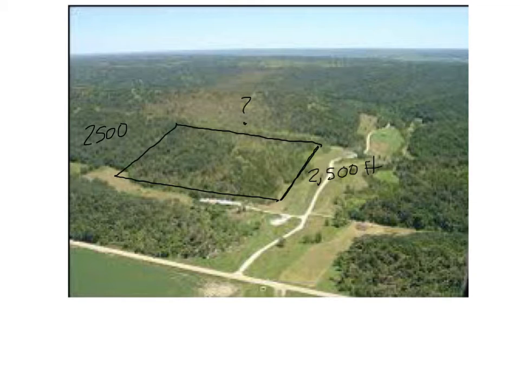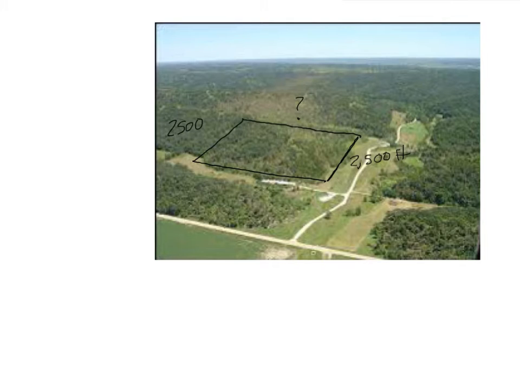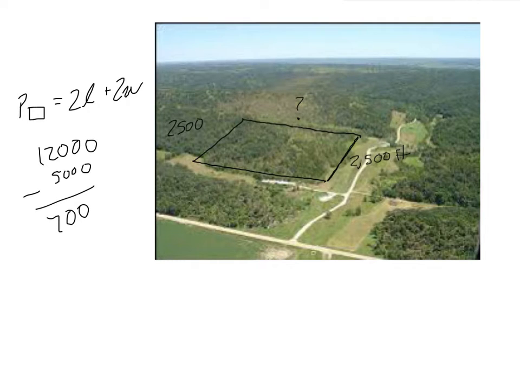The perimeter of a rectangle is made up of 2 of the lengths added to 2 of the widths. So we take our 12,000 feet of fence and subtract 2 2,500s, which is 5,000. That leaves us with 7,000 feet of fence to work with for there and there.